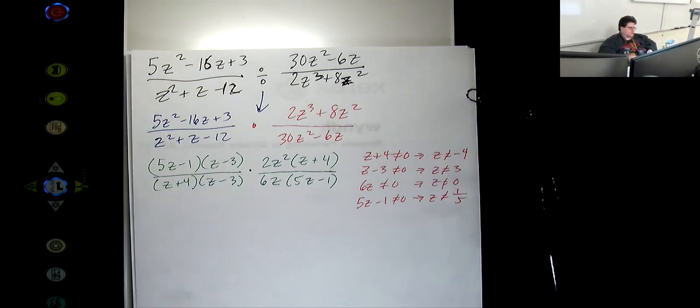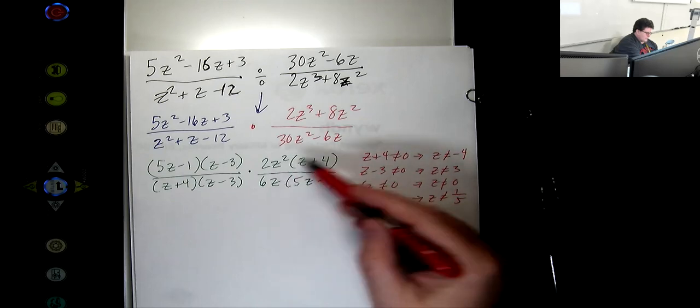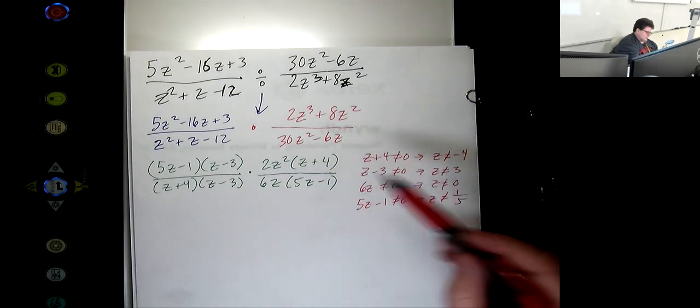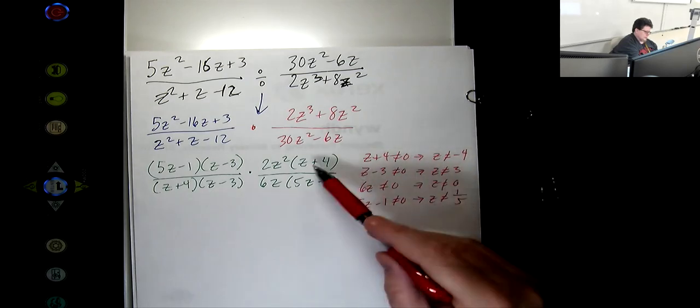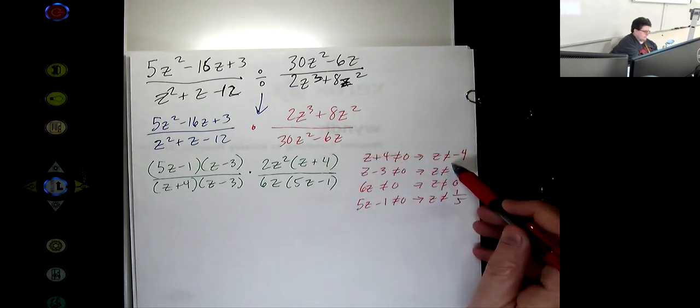So if you factor these, you should get this. And I made a note of what can't equal 0. I also don't want this right side, this top up here to equal 0. But the 2z squared falls under z equaling 0. And z plus 4 has already been done, so I didn't rewrite that.